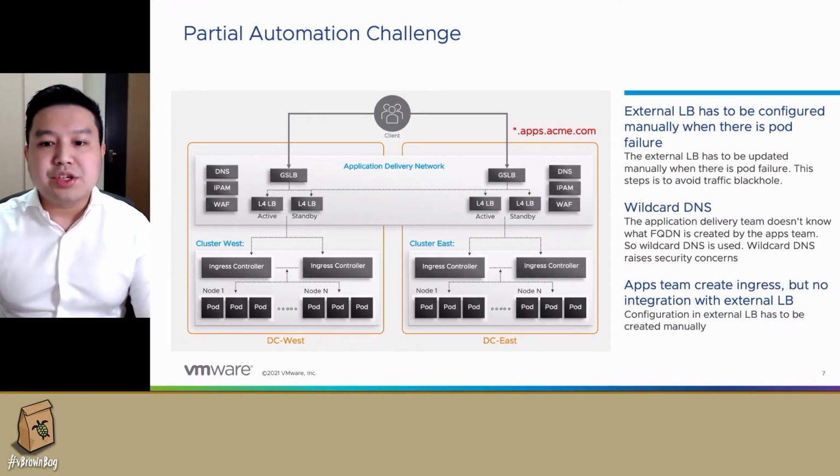So when the application team deploys an Ingress, the Ingress controller will create the policy based on the specified host value inside the Ingress definition. This is important to route the traffic into the specific service. However, this FQDN has to be manually configured in the corporate DNS in order to route the client traffic from external into the application hosted in the Kubernetes cluster.